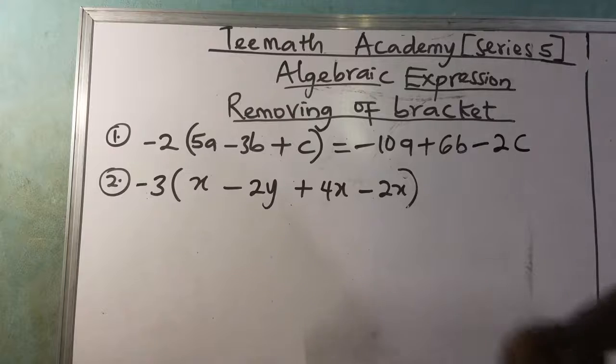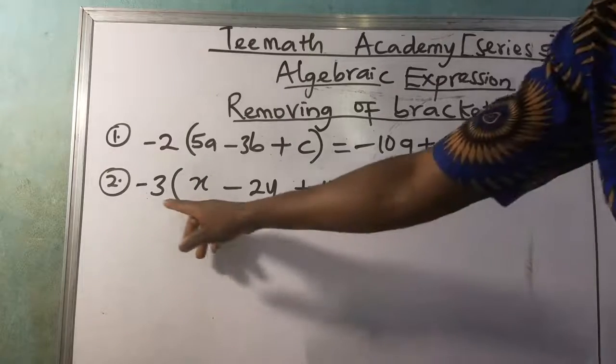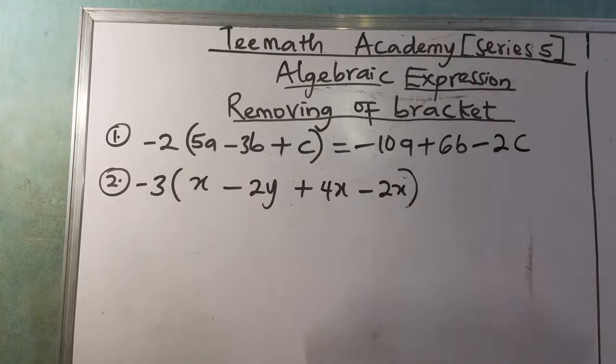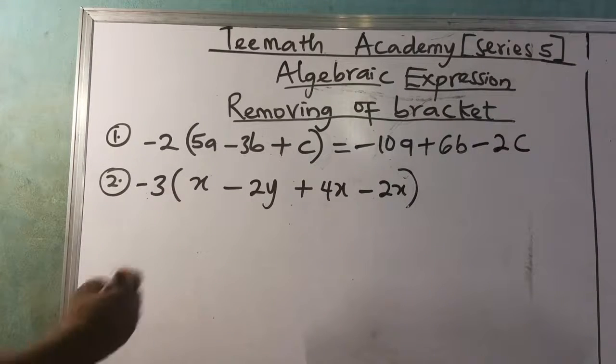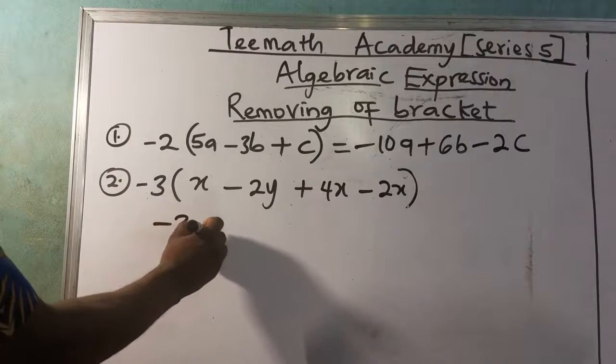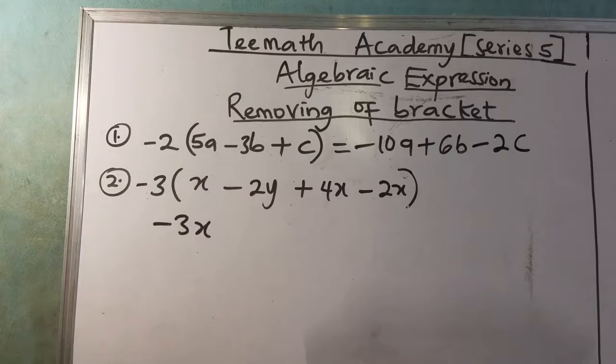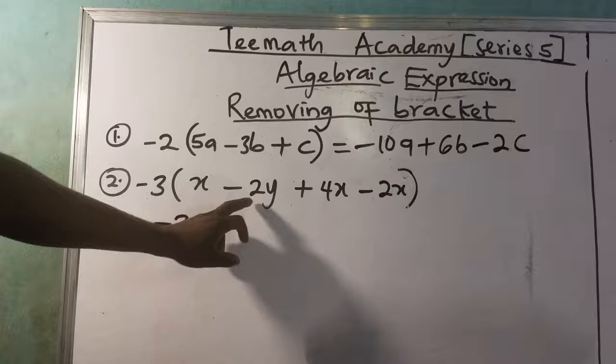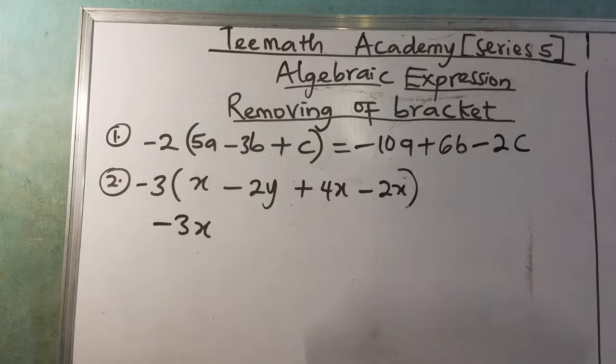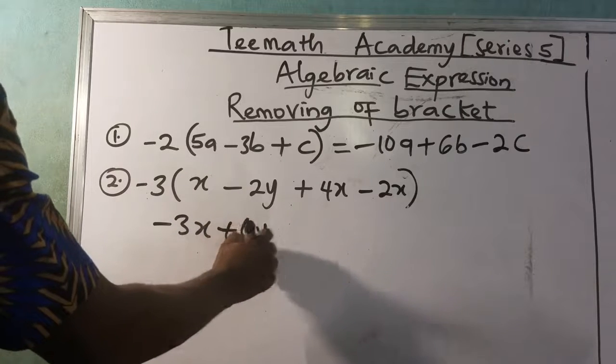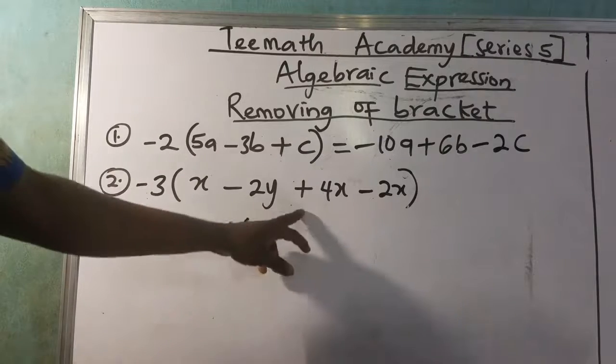Okay, the next one here, we have minus 3 times x. So minus 3 times x is minus 3x. Don't say minus, wait. Minus 3 times minus 2y. Minus times minus is plus. So 3 times 2 is 6, with a plus sign. So that will be plus 6y. Now don't say plus.